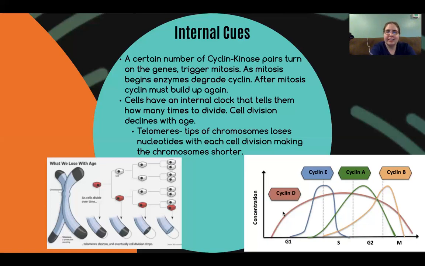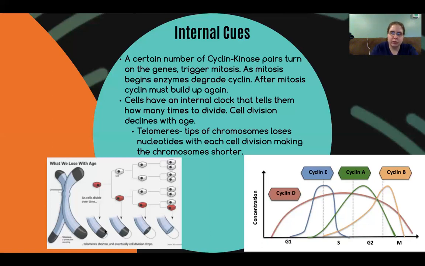Cells also have an internal clock that tells them how many times they're able to divide, and that's based on something called the telomeres. Now, we said that telomeres are the ends of the chromosomes, the tips of them, and every time you go through DNA replication, you actually lose a piece of the telomeres. So they shorten over time.